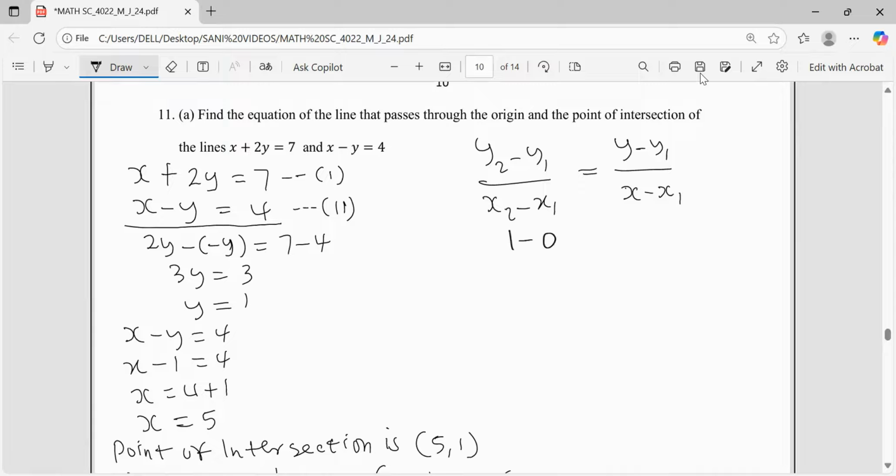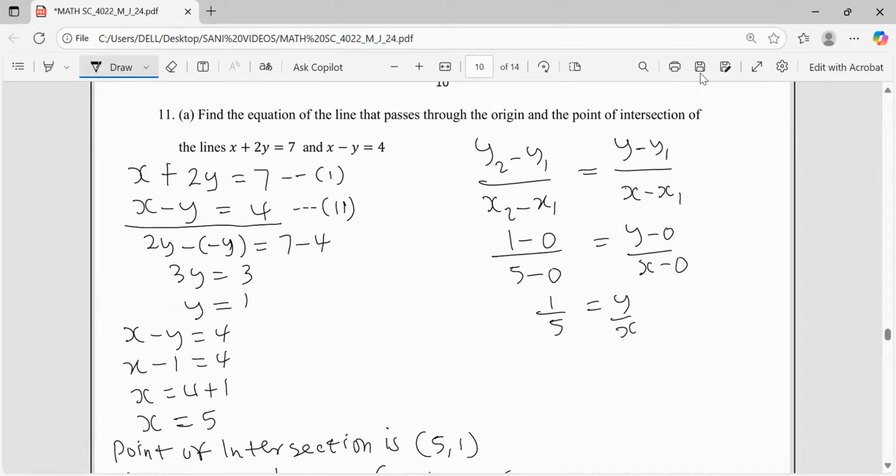That is 1 minus 0 over 5 minus 0 equals y minus 0 divided by x minus 0. So that is 1 over 5 equals y over x.